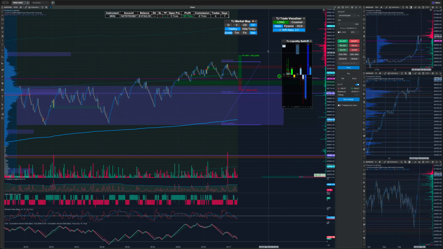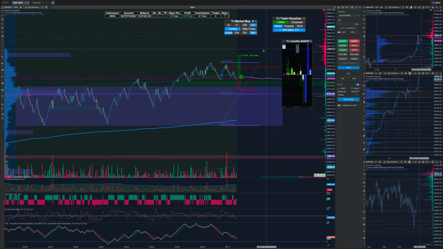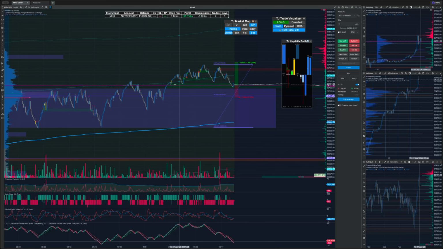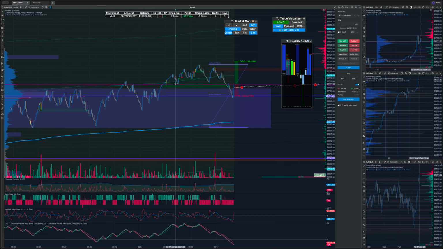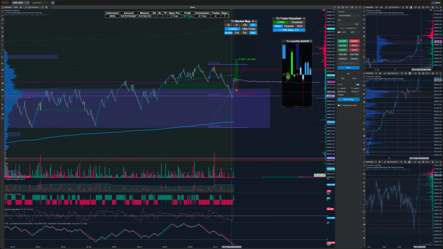Switching on again now. Market is back at that. Oh yes, that's what I would have suspected, a lot of stop losses down here. The market was catching them and now is probably going higher.